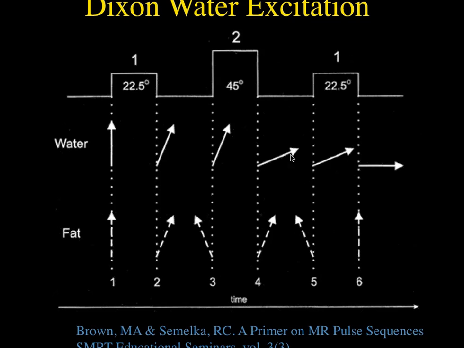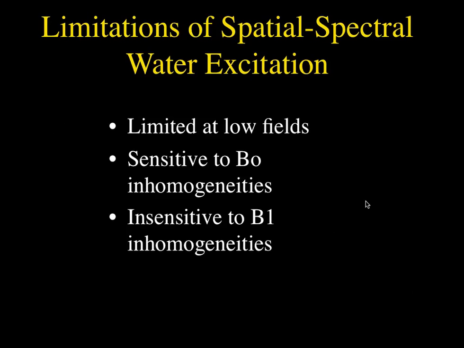That rotates the water down almost to the XY plane, and it flips the fat back over into the same direction but at a lesser flip angle. Then you wait again enough time for them to be 180 degrees out of phase. You give another 22.5 degree pulse that rotates fat up into the Z-axis again where it's not rotating anymore, and the water is now in the XY plane where it gives a strong signal rotating around in the XY plane. So that's another Dixon water technique.